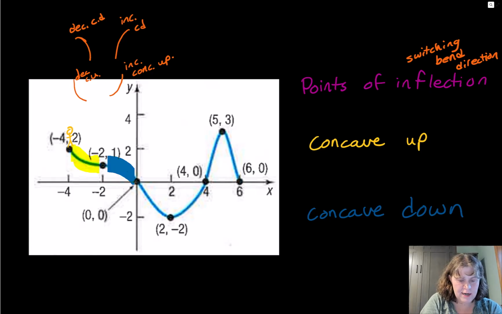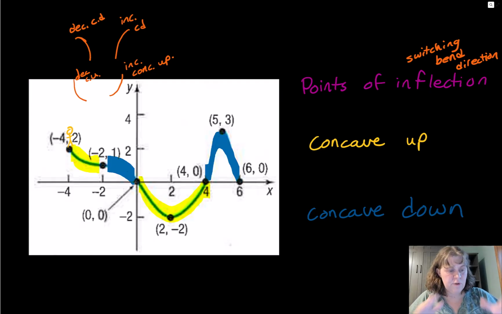And then right here, or thereabouts, we're still decreasing, but we've switched and things are trending upwards until we get to about here-ish. And then we're doing our concave down thing up through here. So we've got concave up, concave down, concave up, concave down.